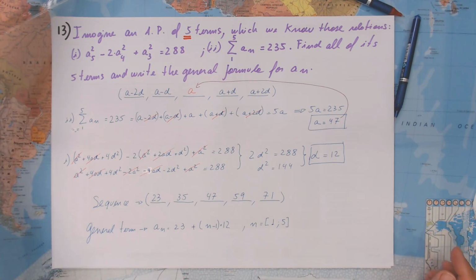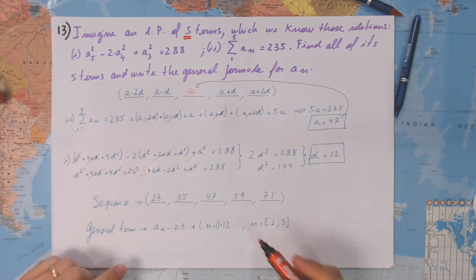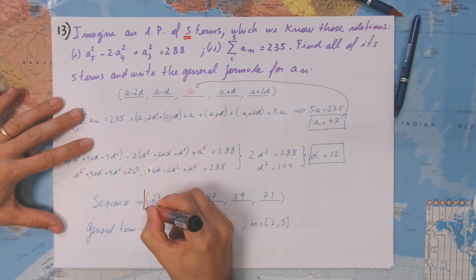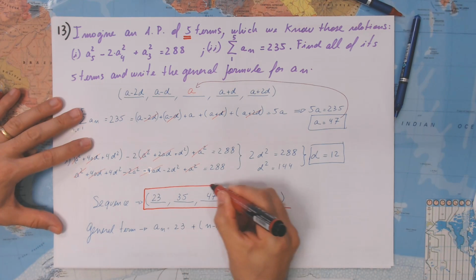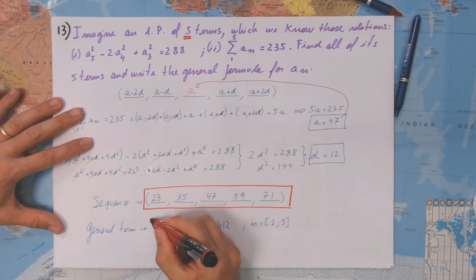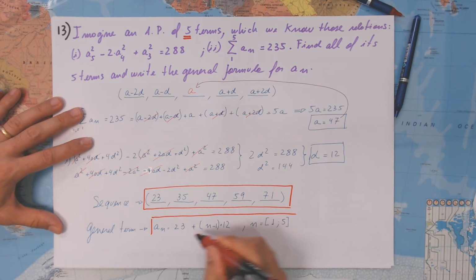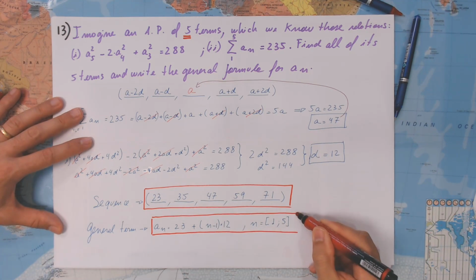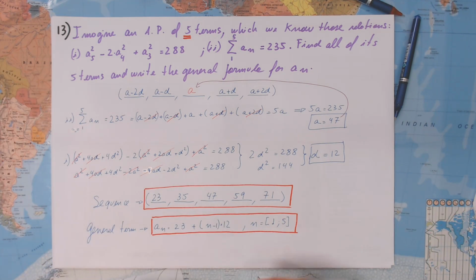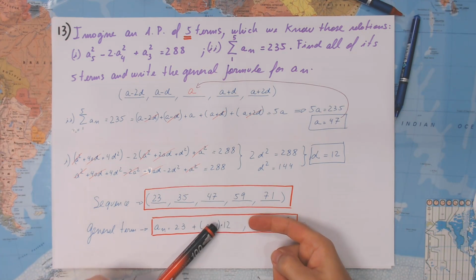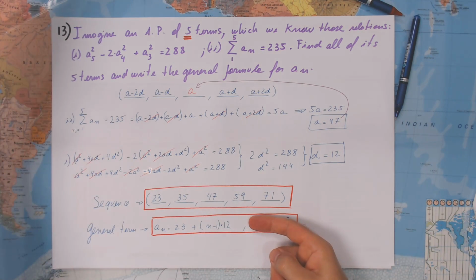Where is my red pen? So it will follow all of its 5 terms. That was the mandate, all the 5 terms, and also the general formula. And please, if you just write this, it's not completely right. Why?